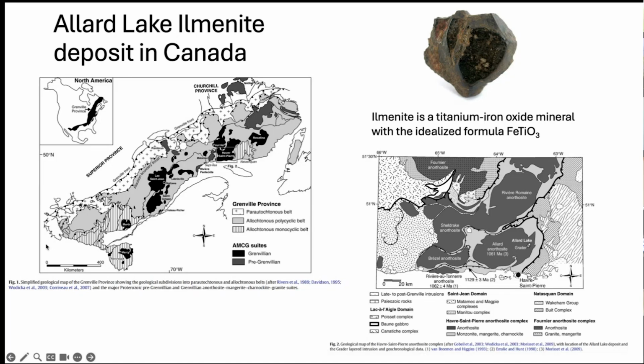Kingston's over here somewhere, and this is exposed rocks of the Grenville, and the Allard Lake deposit is here. And what you can see, there's a lot of anorthosite intrusions, and there's a lot of ilmenite in there, which is a titanium iron oxide, FeTiO3.